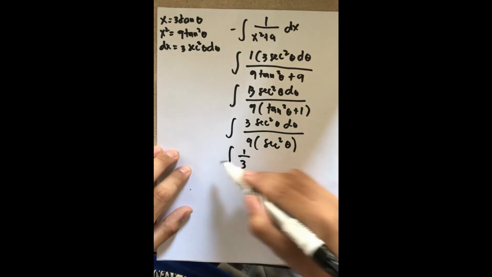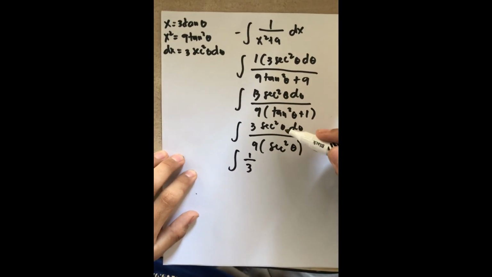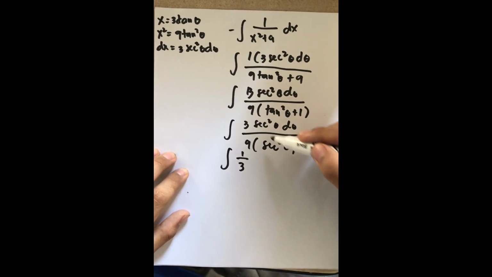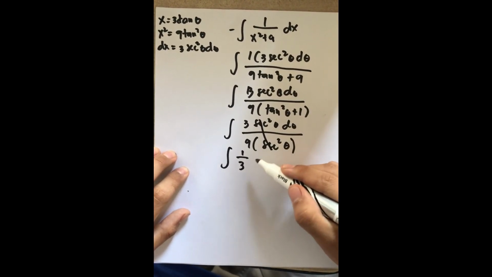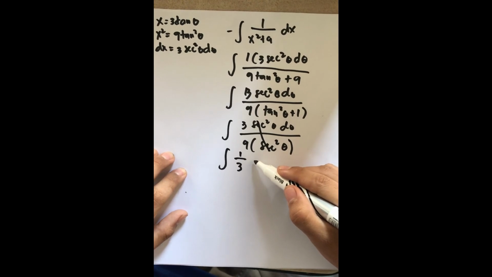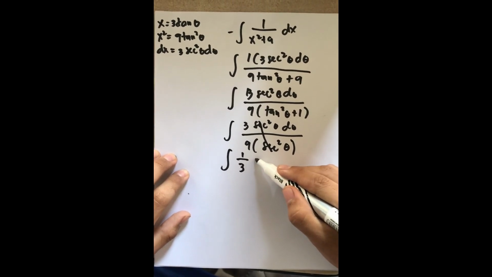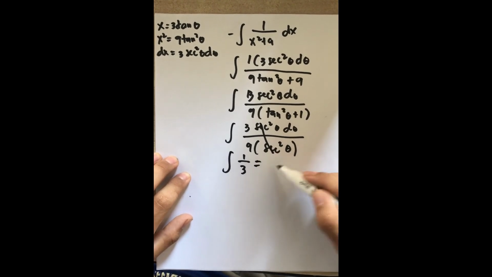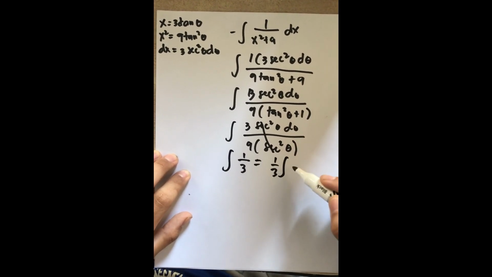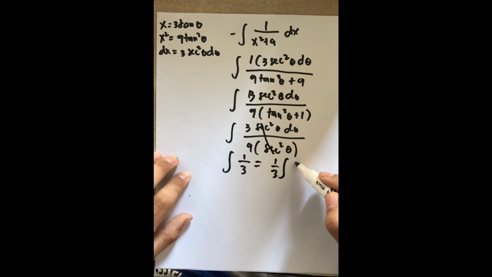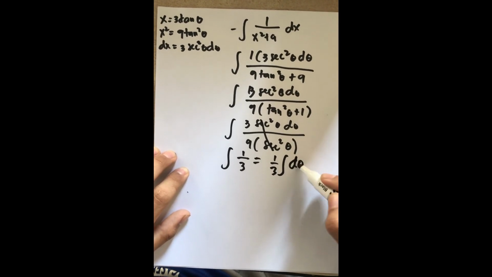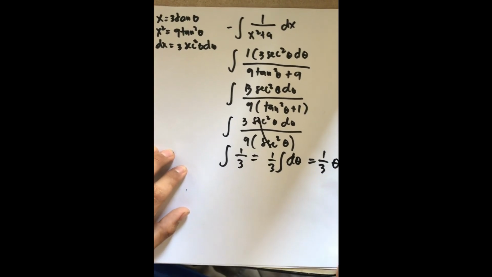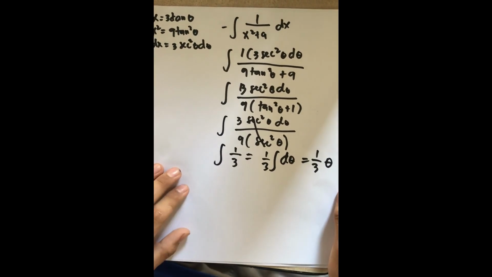Integration d theta is equal to 1/3 theta. Since x is equal to 3 tangent theta, therefore x over 3 is equal to tangent theta, and arctangent of x over 3 is equal to theta. Therefore, this equation is equal to 1/3 theta.